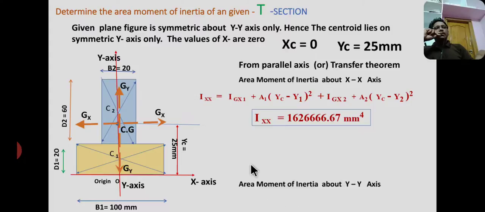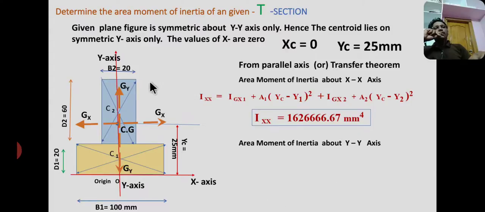In a similar way, area moment of inertia about the yy axis, that is this vertical line, that is Iyy equals Igy1 plus area 1 into (xc minus x1) whole square plus Igy2 plus a2 into (xc minus x2) whole square.